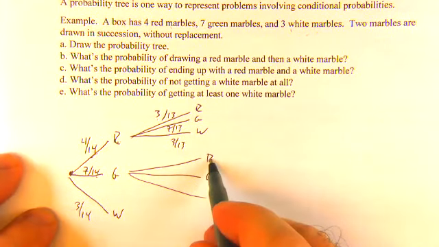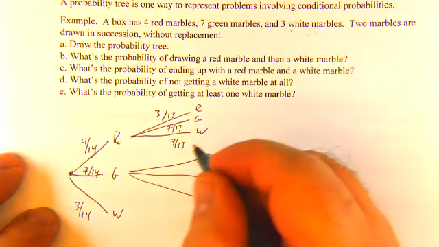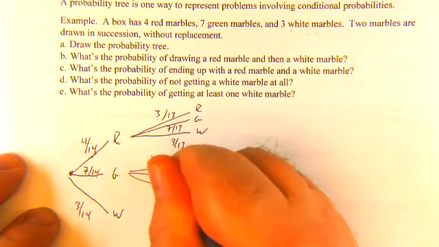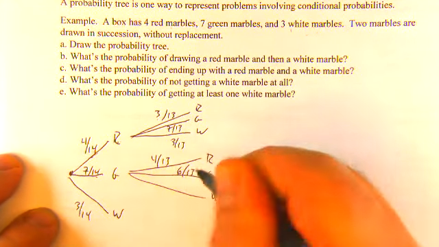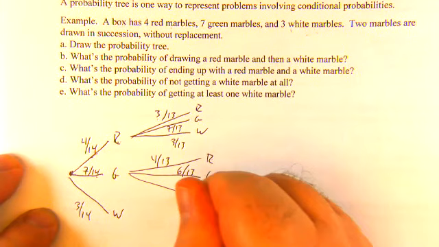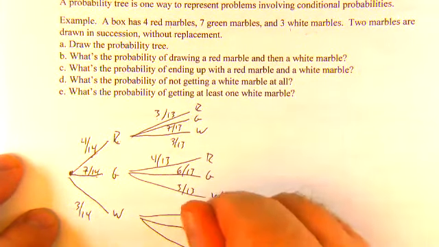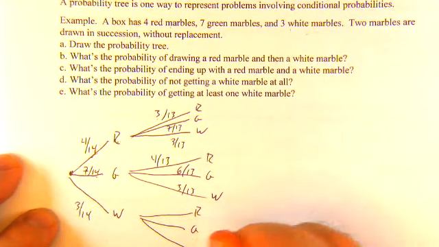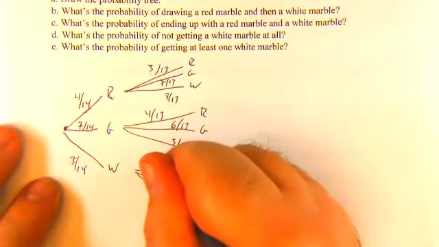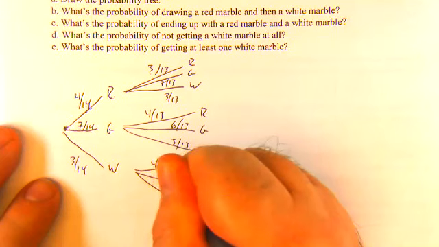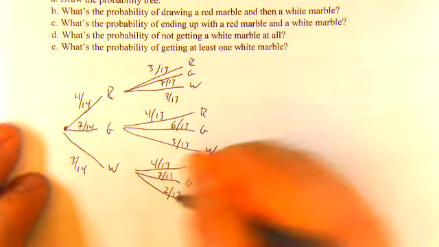What's the probability of getting a red marble after you draw a green marble? That would be 4 out of 13, 6 out of 13 for getting a green marble, and 3 out of 13 for getting a white marble. And then red, green, and white again: 4 out of 13, 7 out of 13, but only 2 out of 13 for the white.